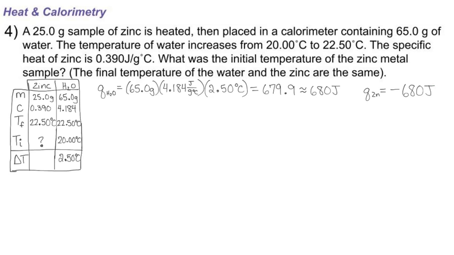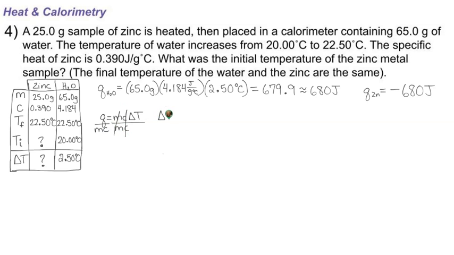So we need to solve for the initial temperature of the zinc. Before we do that, we're going to have to solve for the delta T value. And so in our equation, Q equals mc delta T, I'm going to rearrange my equation by moving m and c to the left-hand side, so that way I have delta T by itself.